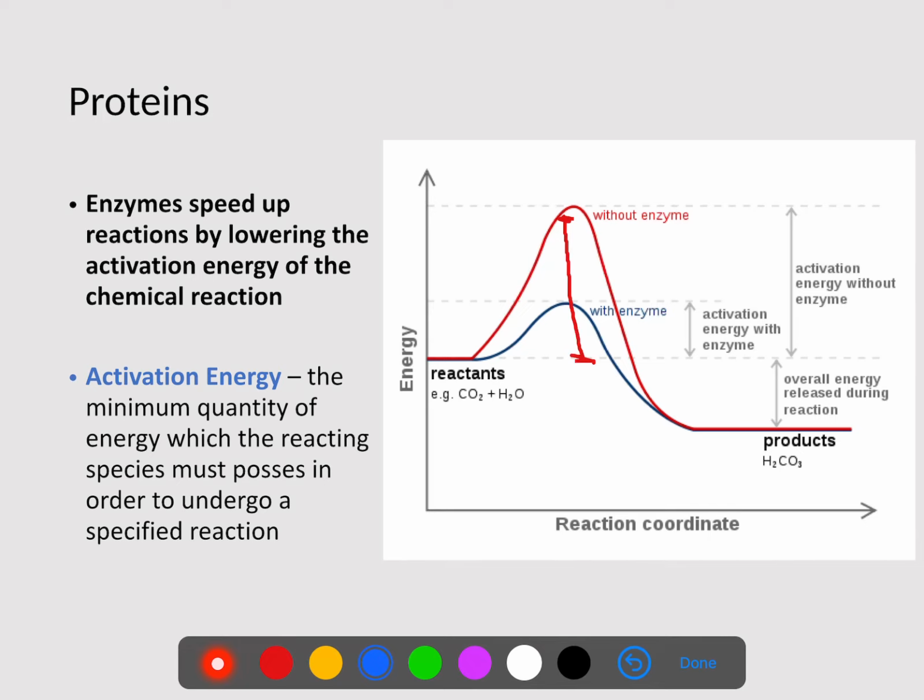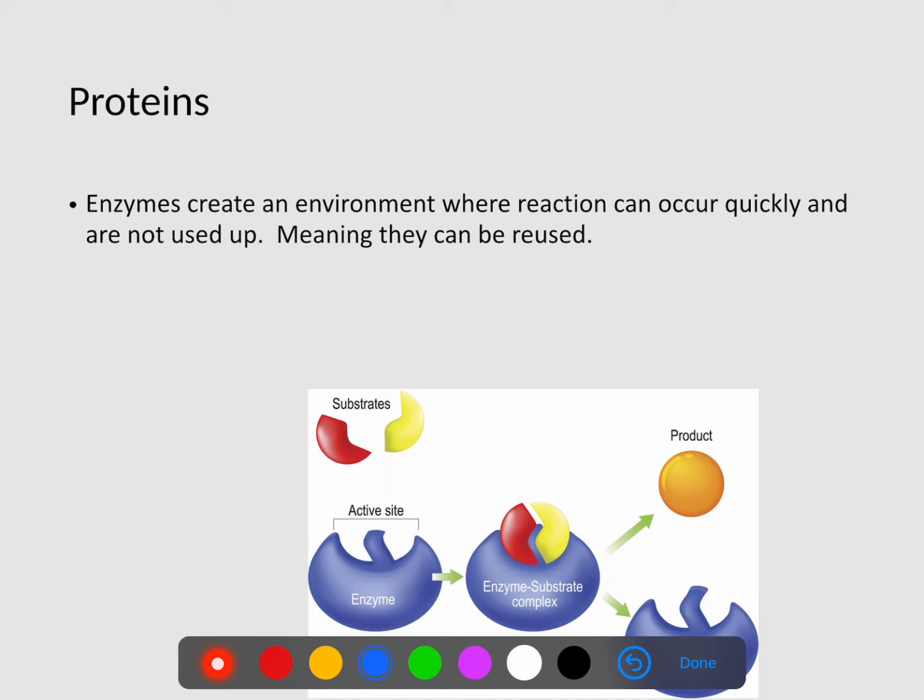When we add an enzyme in, the amount of activation energy needed shrinks very drastically. What this does is allow the reaction to occur faster and it allows it to occur easier so that our bodies can maintain life. So enzymes create an environment where reactions can occur quickly and are not used up, meaning they can be reused over and over again, which means our body doesn't have to keep making them.